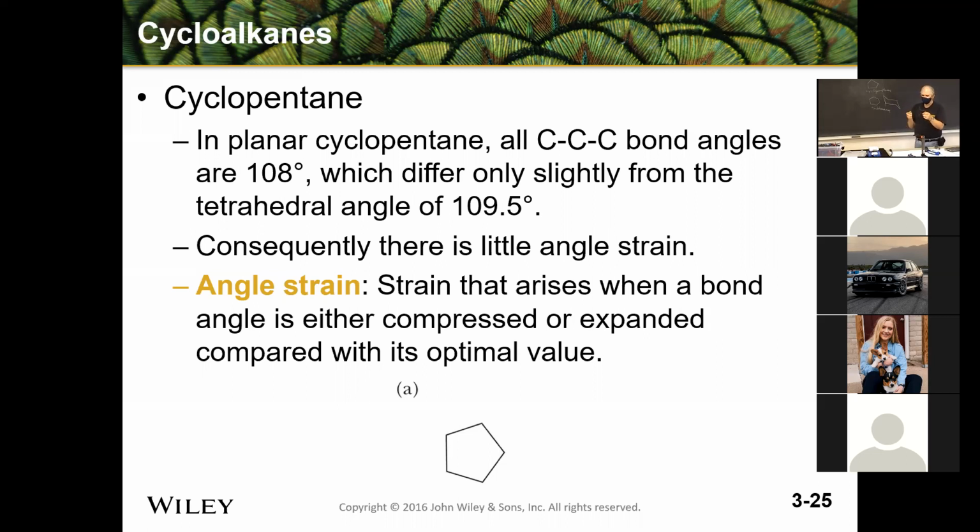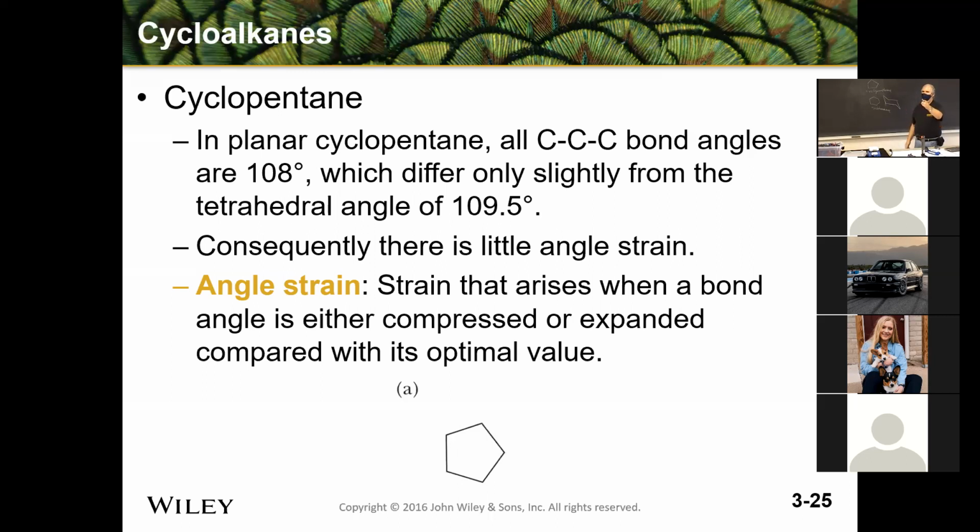So to relieve the torsional strain, the ring bends so that one of the carbons is out of the plane. The other 4 are in the plane, but one is either above or below. This folding takes place easily at room temperature. This is the planar conformation.